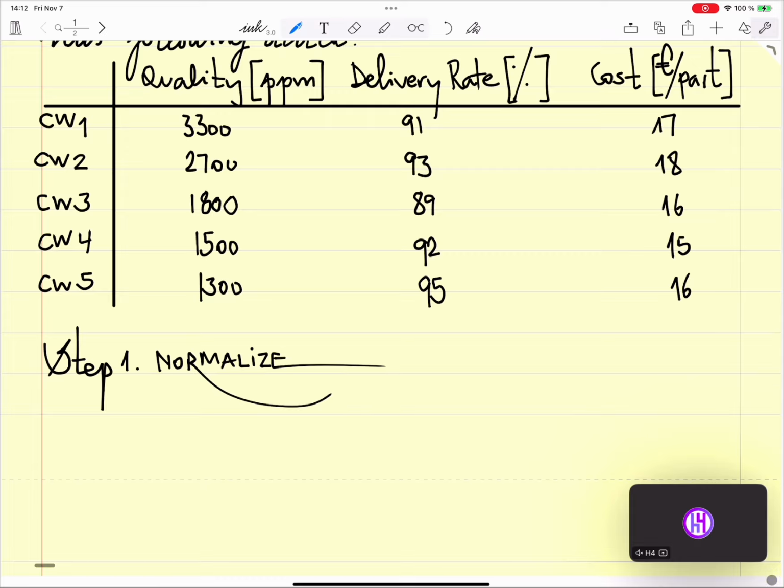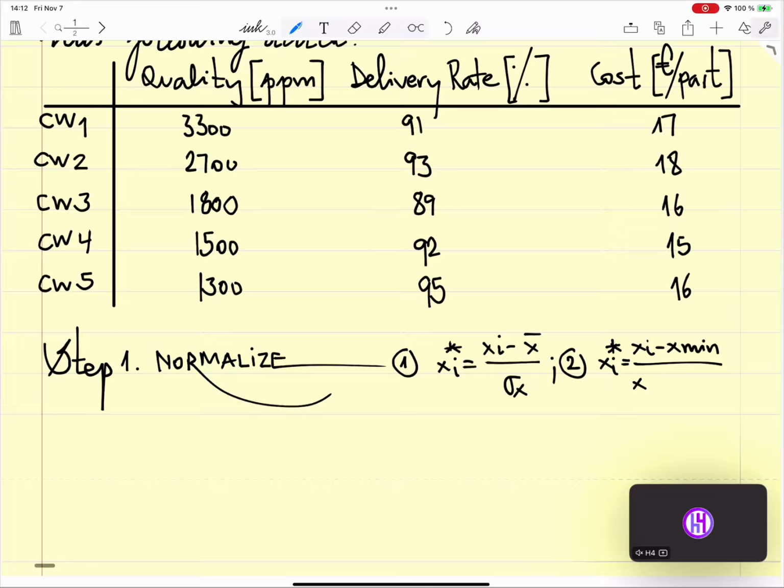Okay, so normalize is done with different methods, but the way we will do is we take the value, we subtract the mean, and divide by the standard deviation. The second method, which we will use today, is to take the value, subtract the minimum of the time series, divide by the maximum minus the minimum. Okay, so we will use this one today.